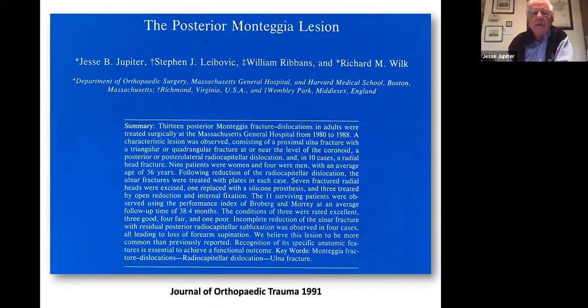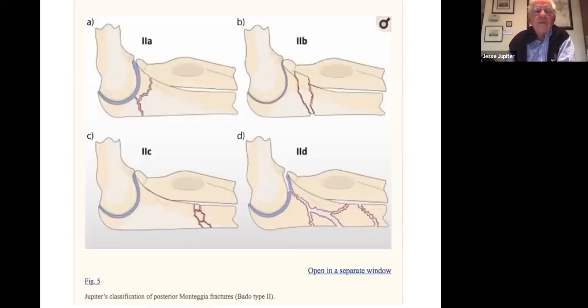But if you look at these, and the first study we did was in 1991, looking at 13, this is what we saw, that it can involve the coronoid, but the most difficult one may be where there's a triangular fragment of bone in the very proximal ulna.